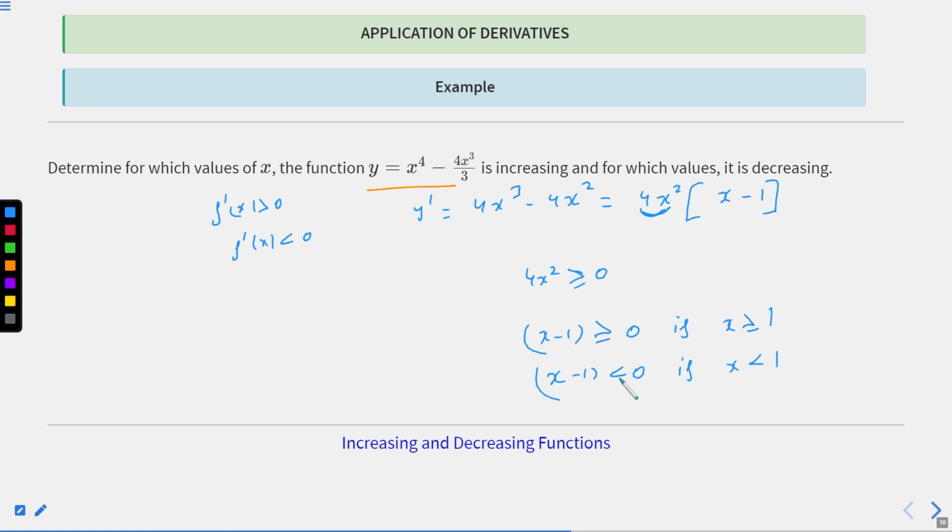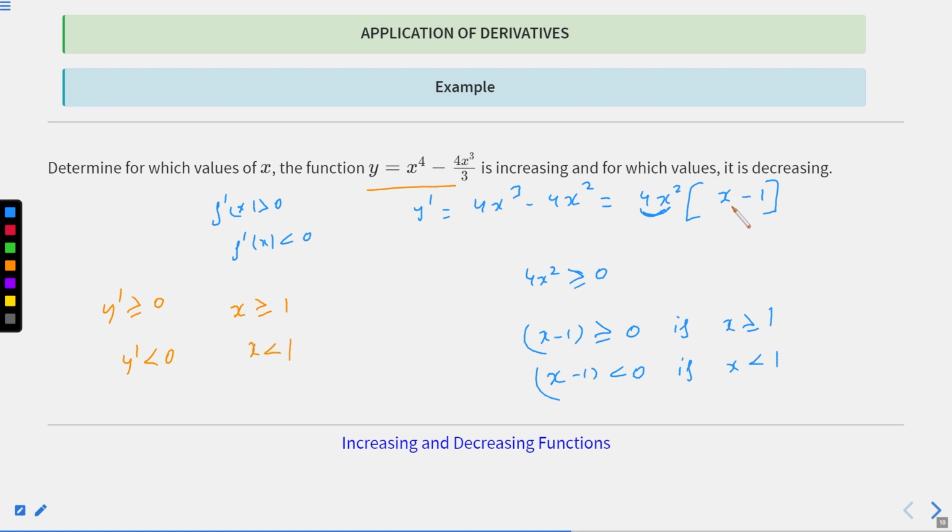Okay, clear? So this means what? Combining all of the information, if x is greater than or equal to 1, then your y prime will be this thing. And this y prime will be negative if x is less than 1.